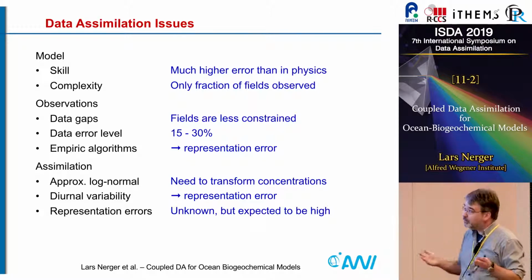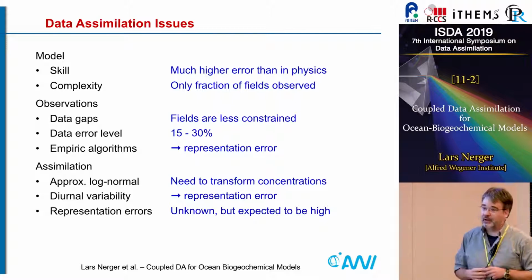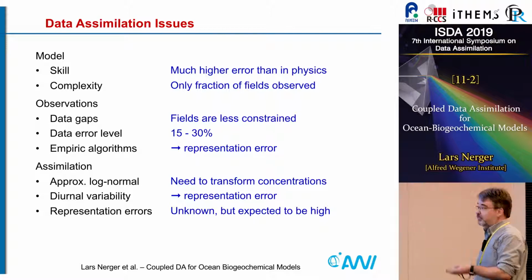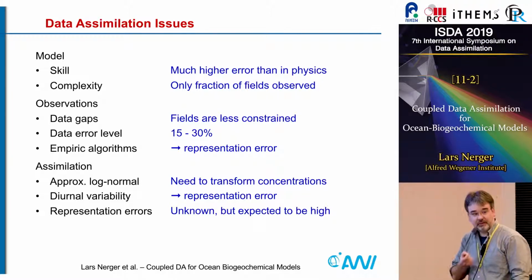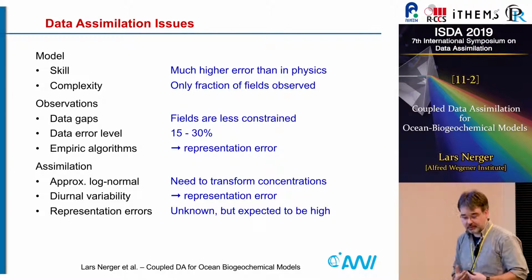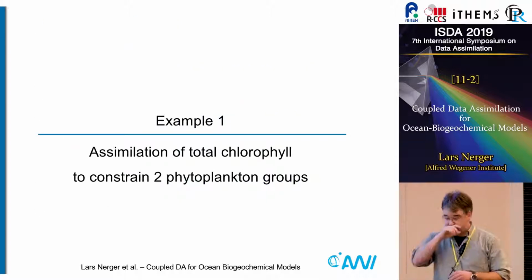We only assimilate once per day, sometimes less than that. And representation errors in this case are also expected to be high. Typically, we work with errors of, say, 30%, meaning 0.3 when it comes to the log data assimilation. And yeah, that leads me to a first example.